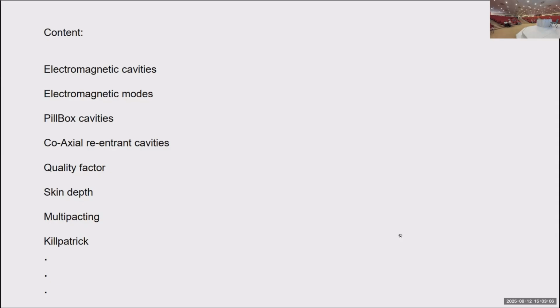And for pillbox cavities, maybe we can make some calculations related to some of the factors affecting the resonances or oscillations. And after that, we are going into the re-entrant cavities because we like it. That's the main cavity that we use in klystrons. Saturday morning, I'm going to talk about the klystrons, but at least a half hour of klystron physics has also been explained by Kashif, and thank you again to Kashif.